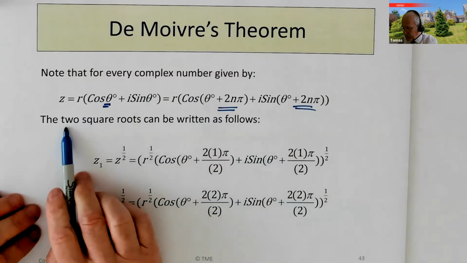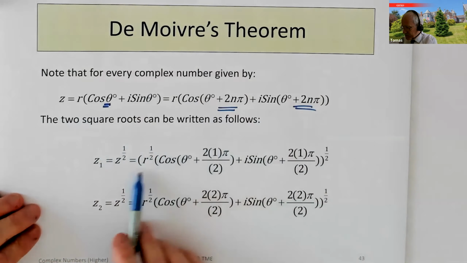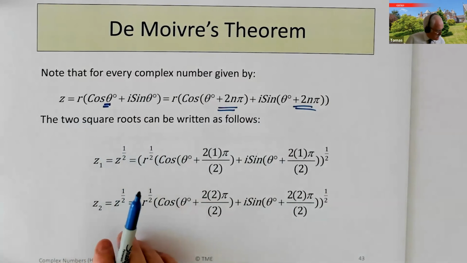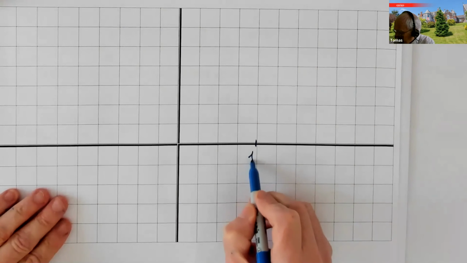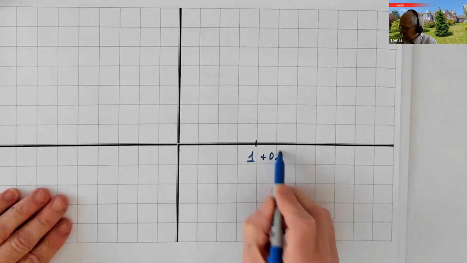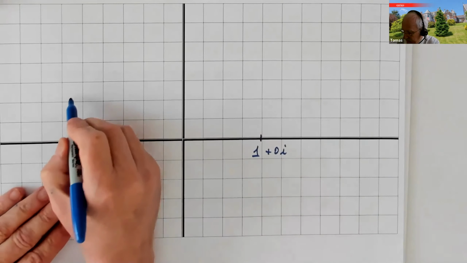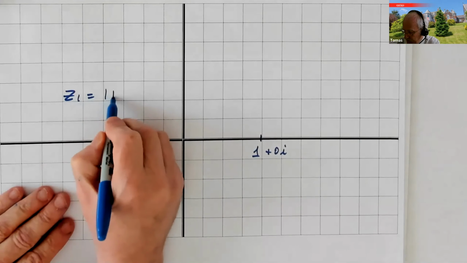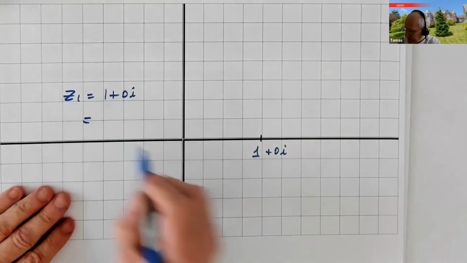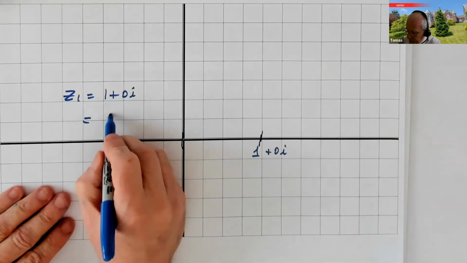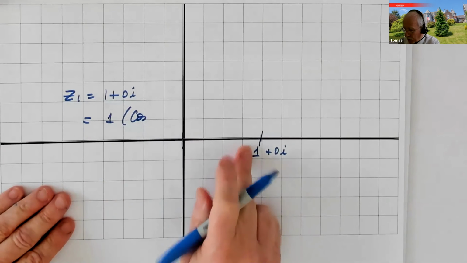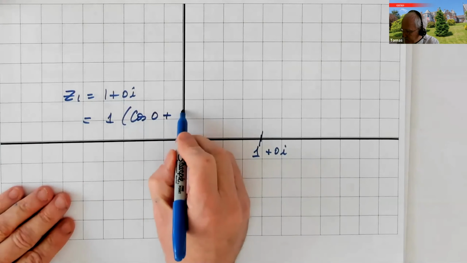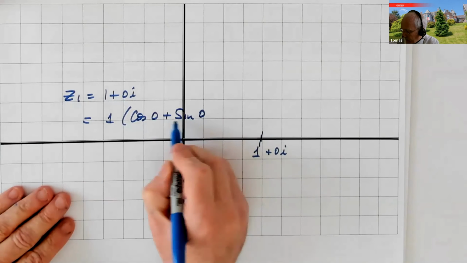So for example, the two square roots can be written as follows. If I have the number 1 here, 1 plus naught i, I could say that's the complex number z equals 1 plus naught i. Or I could say the length is 1, cos naught plus i sine naught.